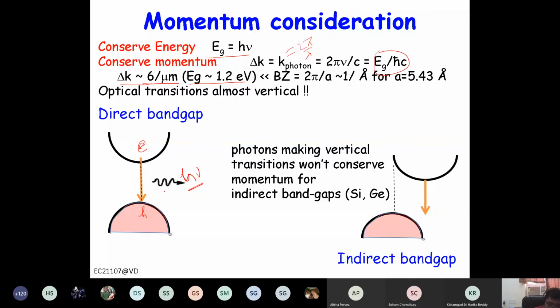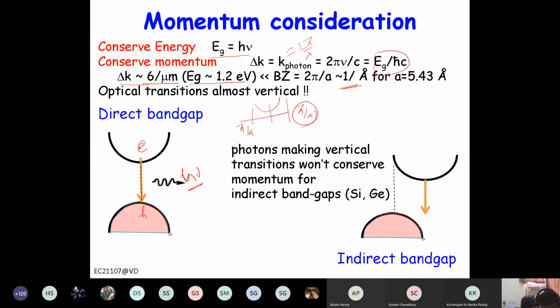Now you compare this with the momentum of electrons in the crystal. For electrons, we have this Brillouin zone, from minus pi by a to plus pi by a. So these are the wave vectors basically, right? So it is basically of the order of pi by a. Now a is of the order of angstrom.